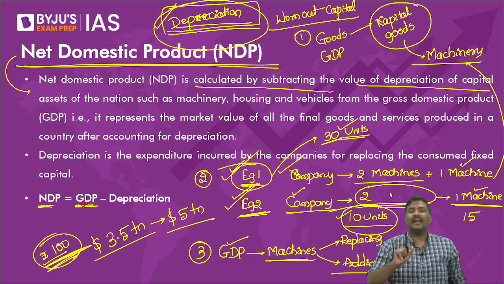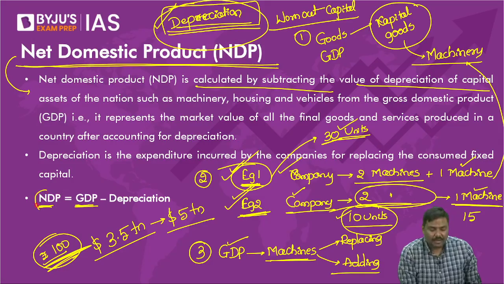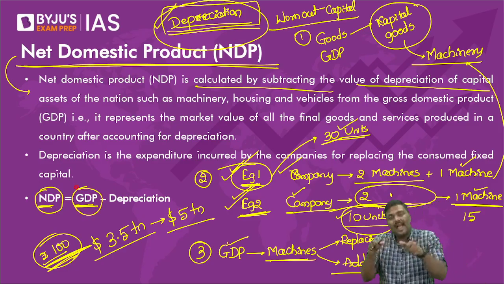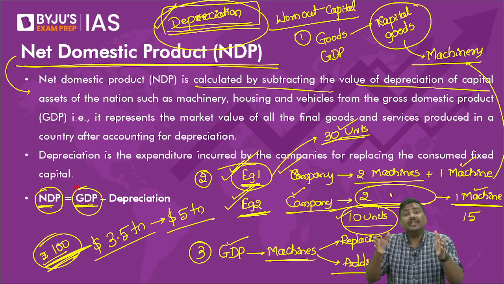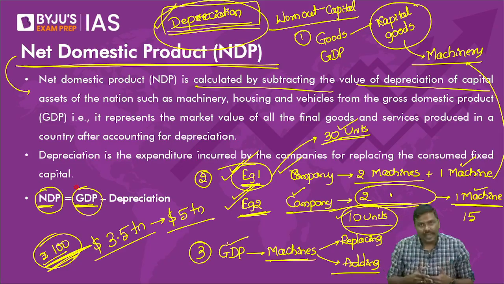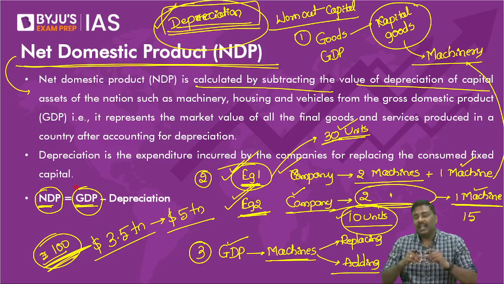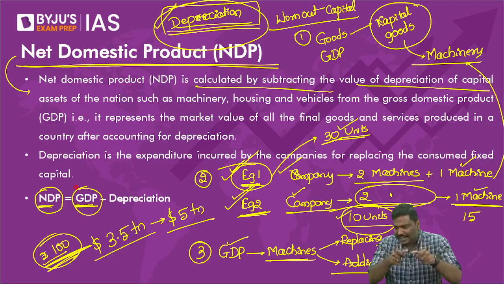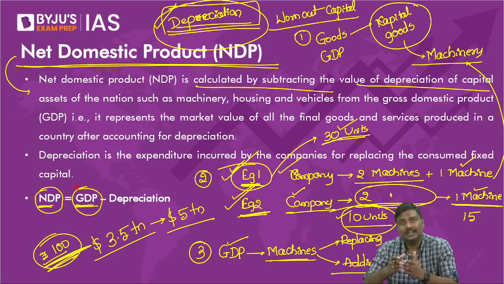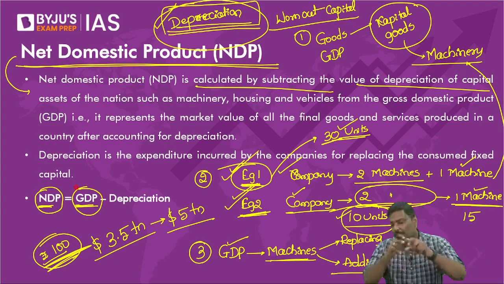They will say that if the gap between NDP and GDP becomes narrow, it is good. Narrow means what? Smaller. It is good for the economy, they will say.